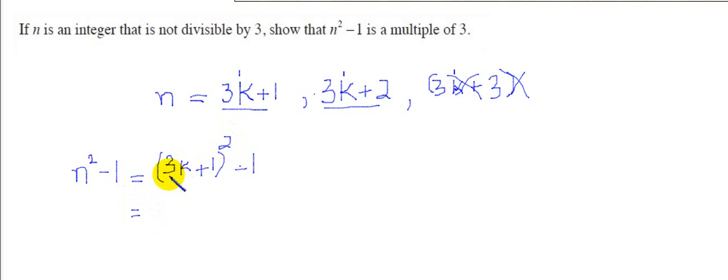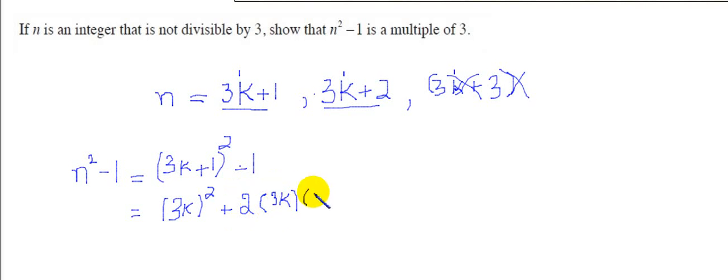It is a formula: first plus second, whole squared, becomes first squared plus 2 times first into second, plus second squared.